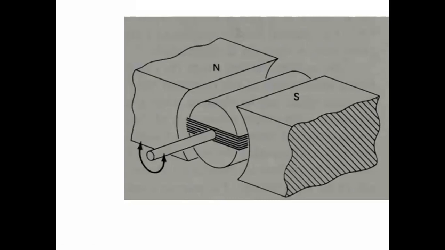Similarly, in industries we have to measure the angular velocity of a motor, how much speed it is rotating, and depending upon that, we have to control it. To measure those types of devices, we have to measure the angular velocity. That device whose angular velocity is to be measured, that instrument is connected to this shaft.